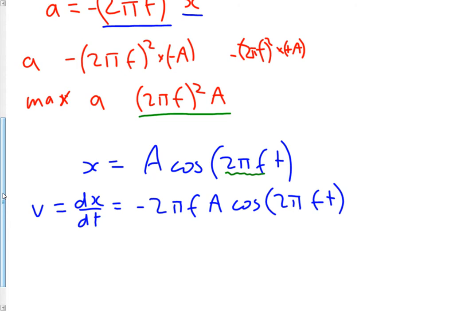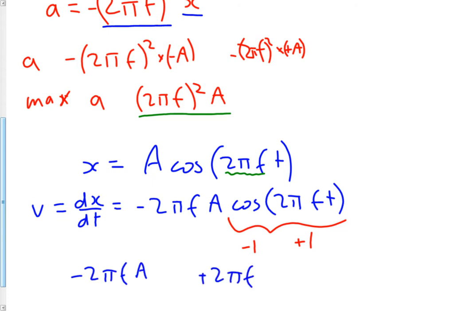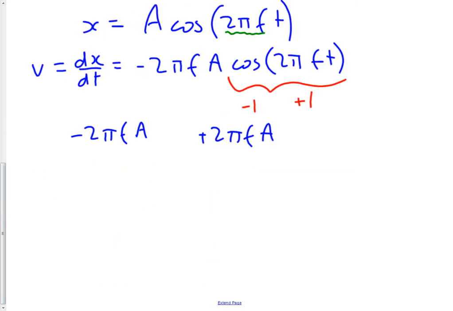Now look, all of this stuff, as before, varies between -1 and +1. So our velocity is just going to vary between minus 2 pi f a and plus 2 pi f a. So therefore our final expression is maximum velocity is 2 pi f a.